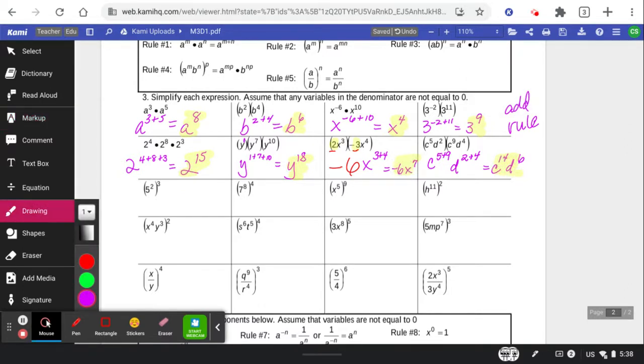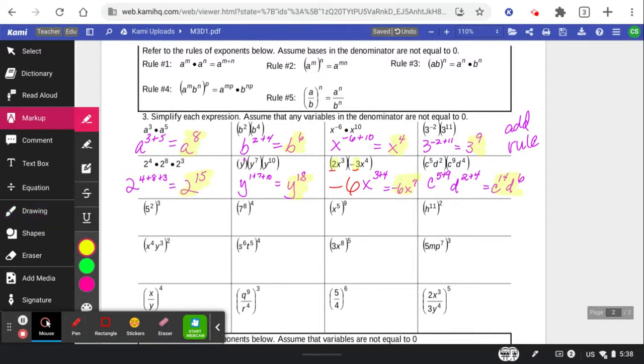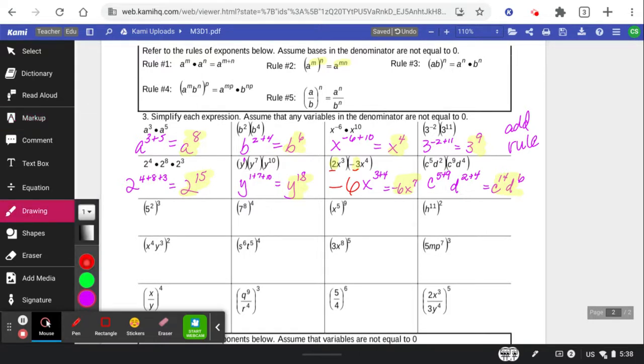Okay, the next one's the multiply rule. And so what do I recognize in this one? I can see these little powers are separated by a parentheses, reminding me to multiply them. And so here I go applying this rule.